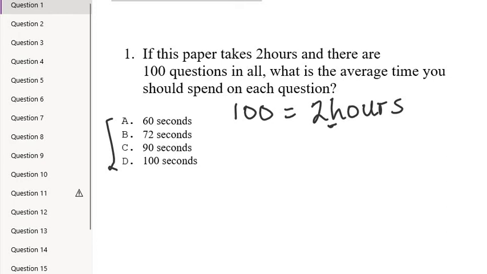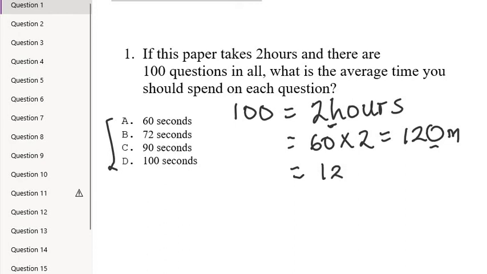To do that, we need to change this to minutes first. Remember, 60 minutes make 1 hour. So 2 hours will be 60 times 2, which is 120 minutes. Now we can change this to seconds. 60 seconds make 1 minute.